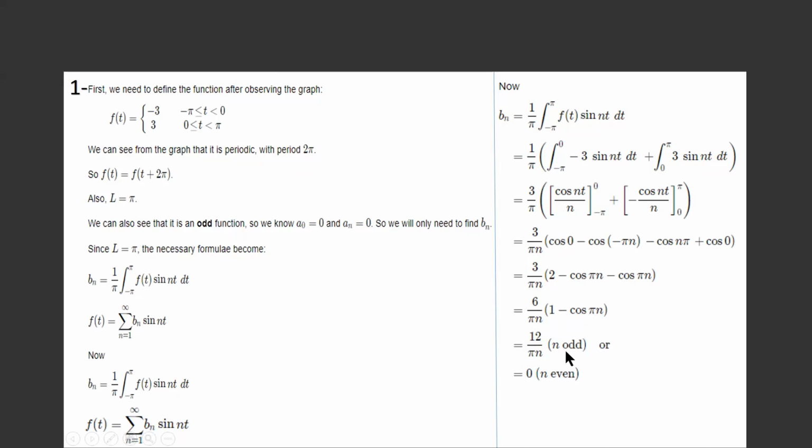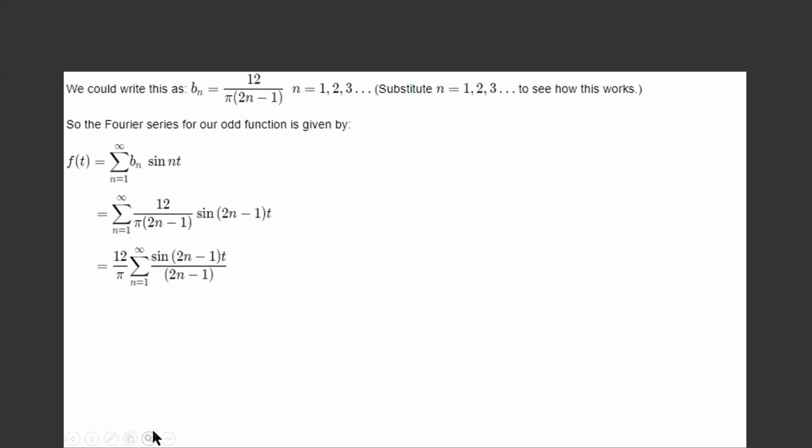But when n is odd, this will be minus 1 because you have cosine pi, cosine 3 pi, cosine 5 pi. 1 minus minus 1 will be 2. 2 times 6 will be 12. So this is the coefficient Bn. Now, once you find Bn, you just write it down here, right? So my Bn is 12 over n pi.